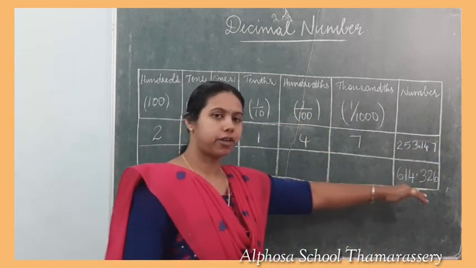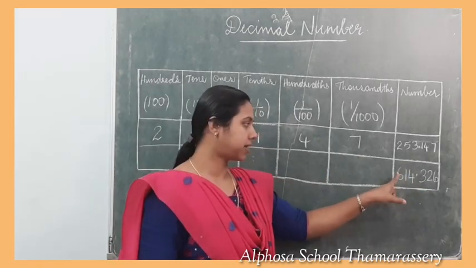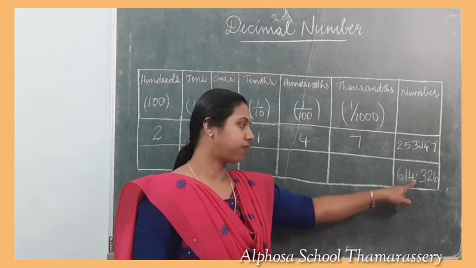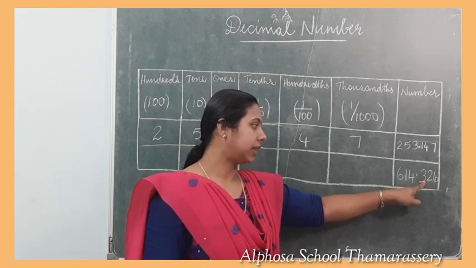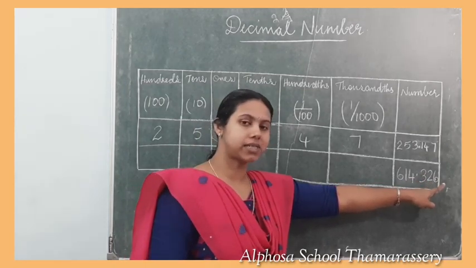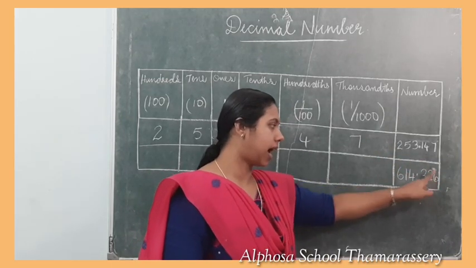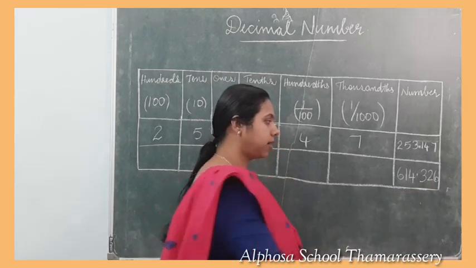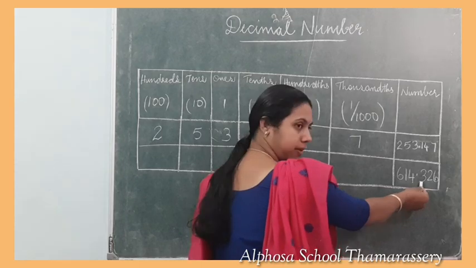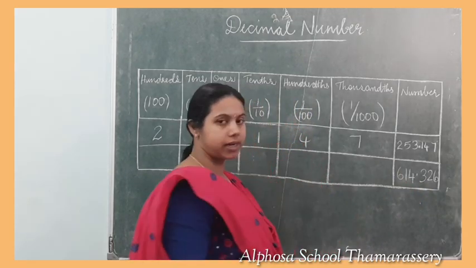And now a number is given here. You should write the place values. Here, this is the whole number part. That means hundreds place 600 plus 10 plus 4 plus 3 by 10 plus 2 by 100 plus 6 by 1000. So these are the place values: tenths place, hundredths place, thousandths place, ones place, tens place, and hundreds place.